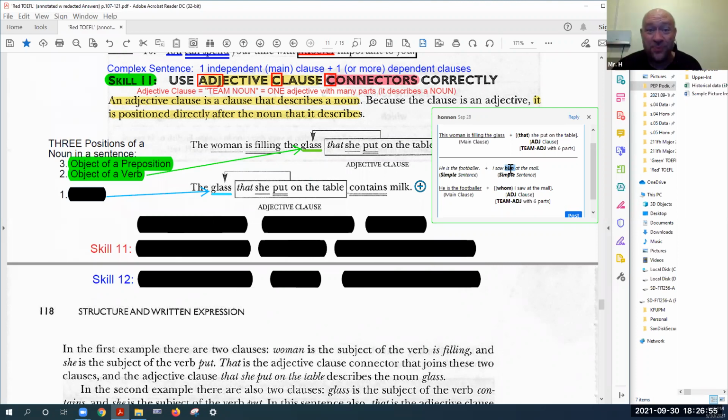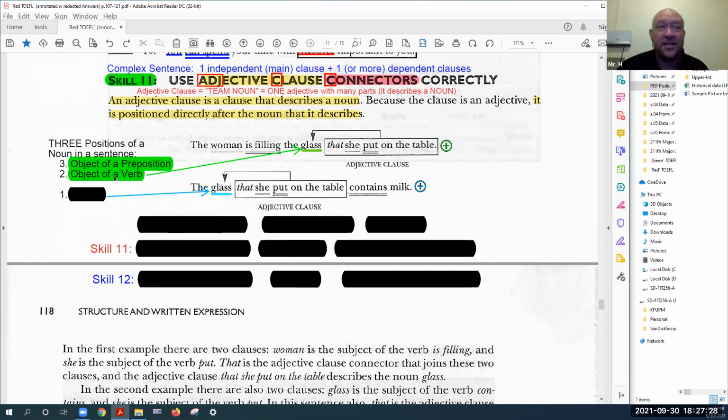So look at the connector. You see this connector? Whom. Do you remember the lesson? When do I use whom? In formal language, for the object. It refers to the object, you see? So we replace him with whom. You got it? Is that clear? All right, good. So let's continue on.